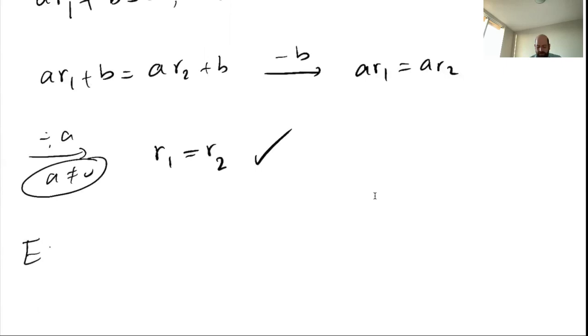Okay, another maybe more non-trivial example, division algorithm.